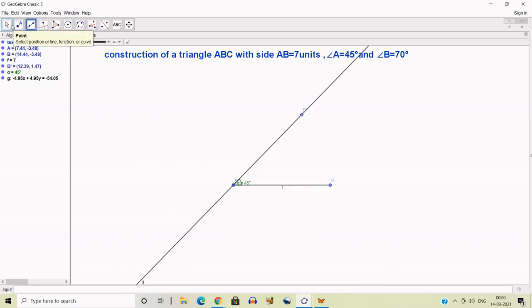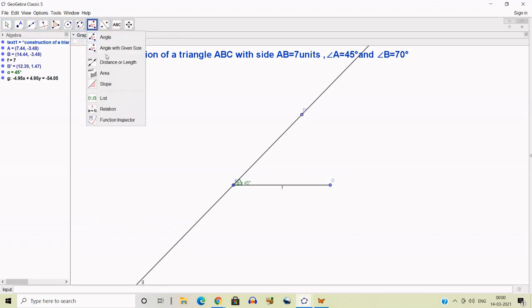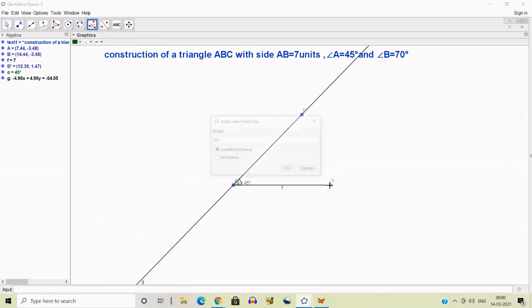Now we have to draw angle B, which is given to be 70 degrees. So we have to go to the angle option again, angle with given size. Now we will click on A and then on B. Here we put the value which is given, that is 70 degrees, and here we will choose the option clockwise. So here we will get angle B, which is 70 degrees.